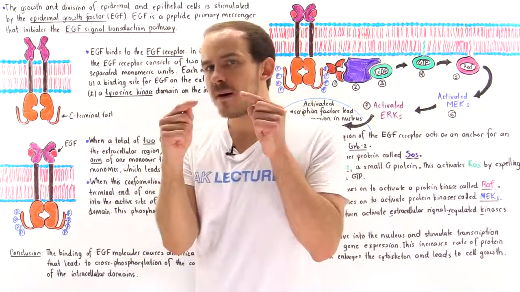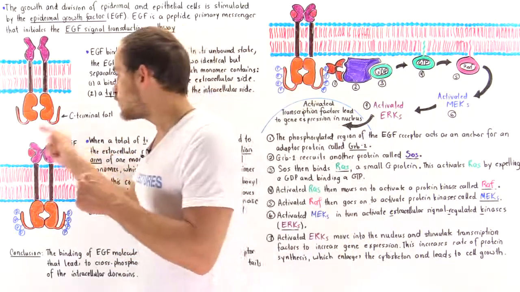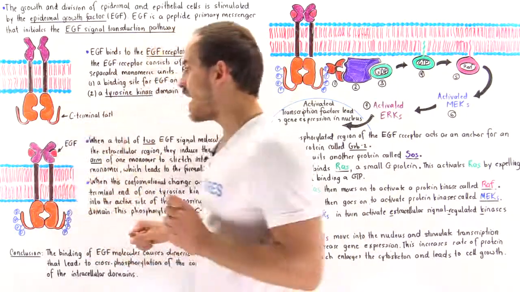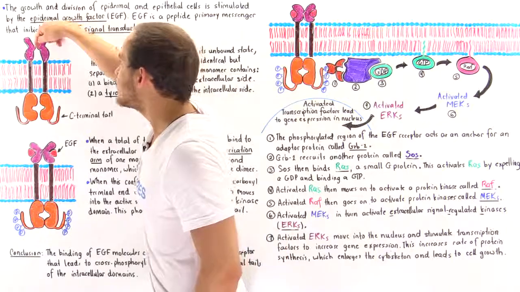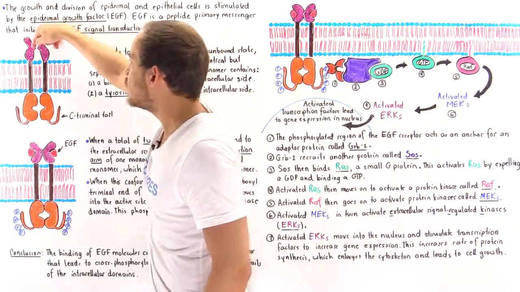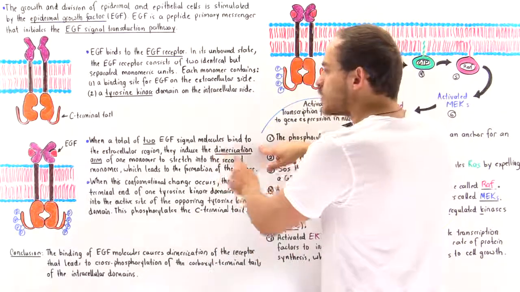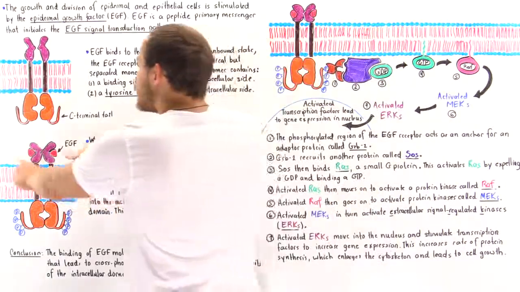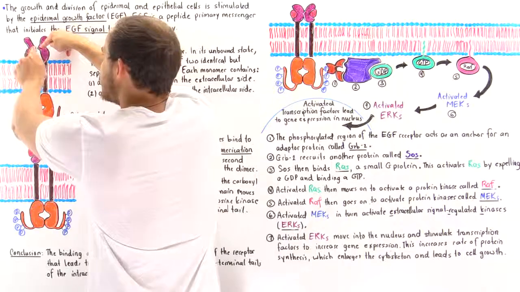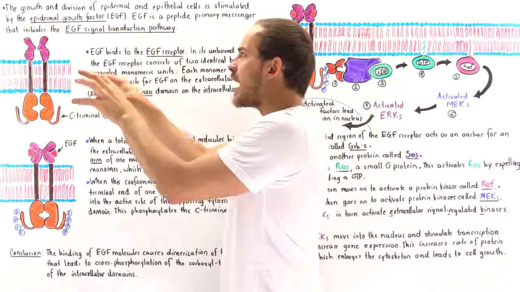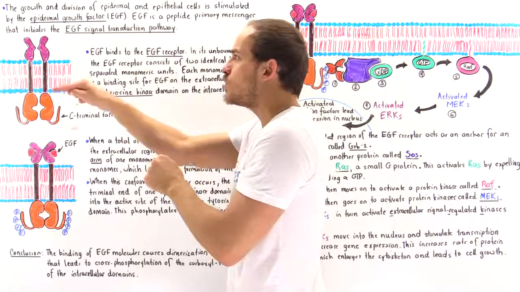Now, upon the binding of these two EGF molecules onto these extracellular domains, what happens is there is a section on this side and this side of these two domains that we call the dimerization arm. And upon the binding, each one of these dimerization arms basically stretches out and reaches out into a pocket found on the opposing domain.